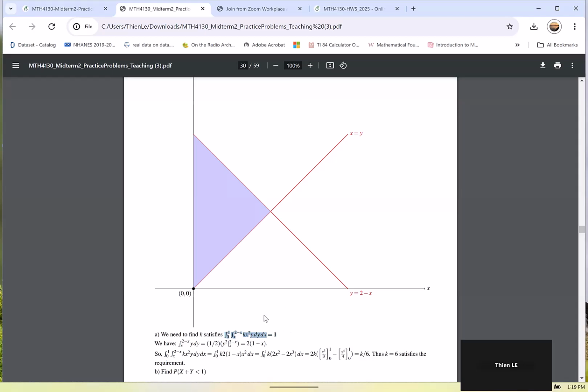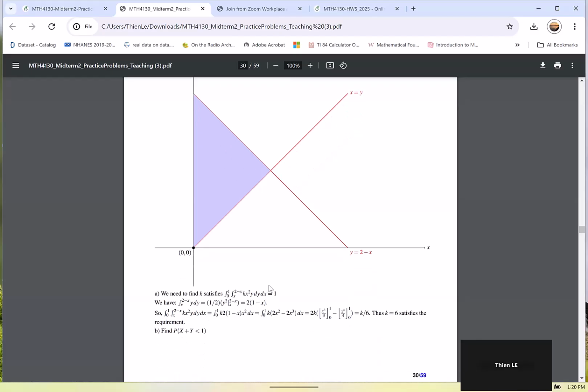Then you just calculate layer by layer. For the inside dy layer, the x squared and the k have nothing to do with y, so you can take them out. With that, you plug in and do the outside layer, and you get k by 6 as your integral. Because that's 1, k equals 6 will satisfy the requirement.